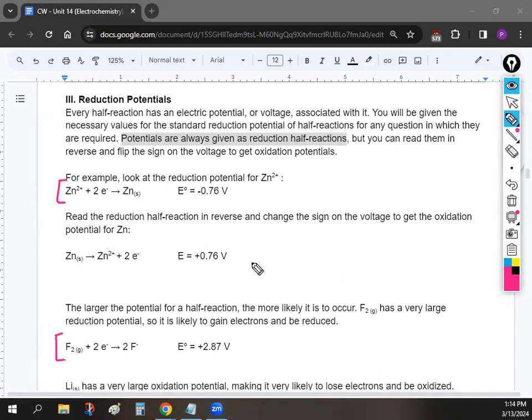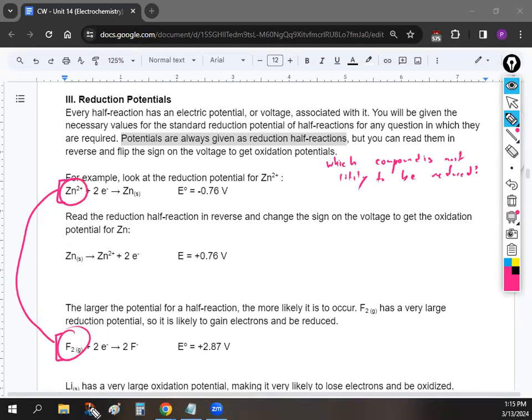They're going to give you these two, and then they'll ask you which compound is most likely to be reduced if you have these two reactions. They'll ask you which one is more likely to be reduced, Zn or F. And that's the type of question that you'll get. It might be the other way, which one is more likely to get oxidized, but it's pretty much asking you which one is more likely to get reduced.